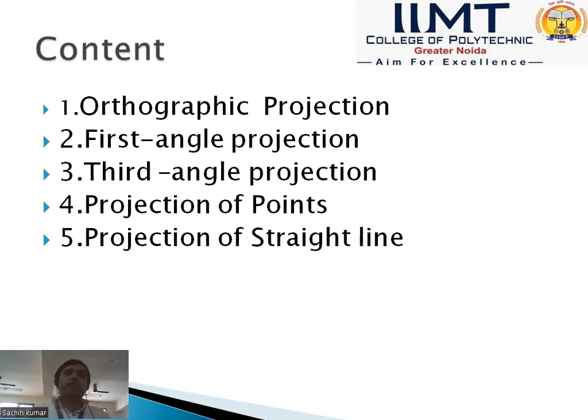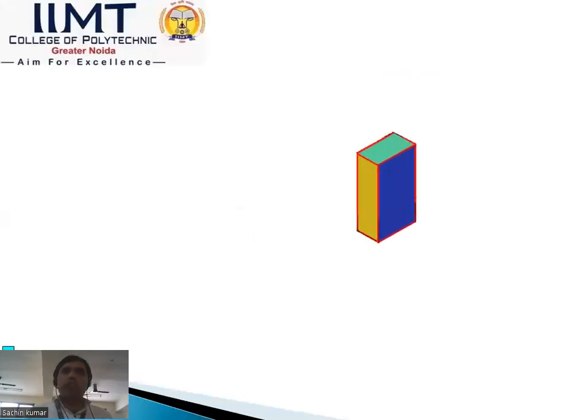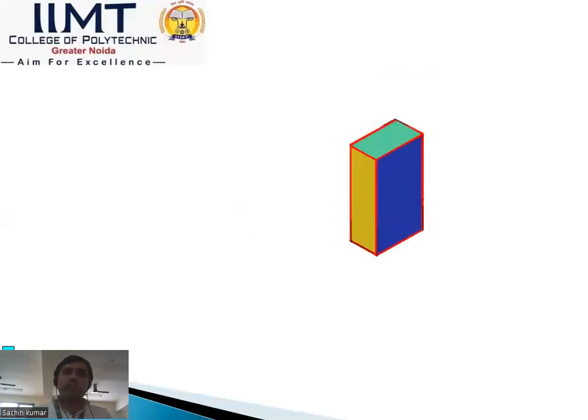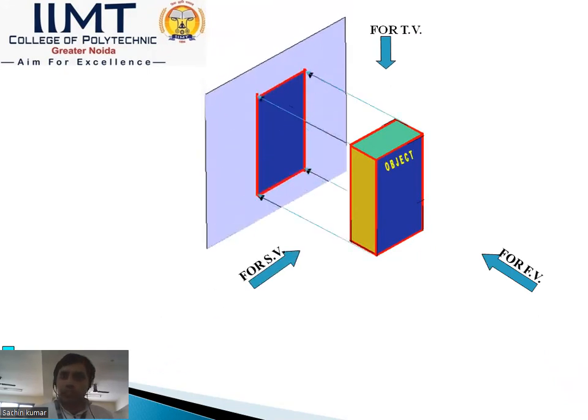First, we define what orthographic projection is. Orthographic projection is that type of projection in which the projectors are parallel. These lines are the projectors.